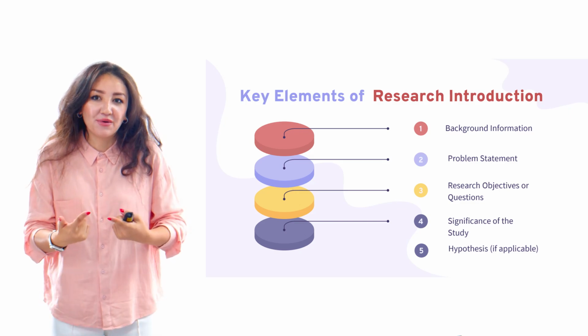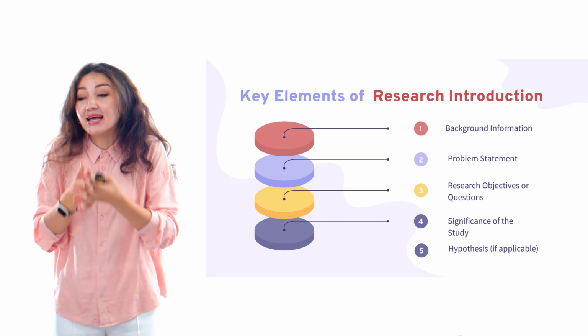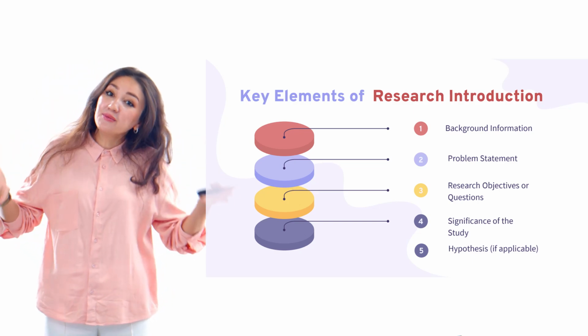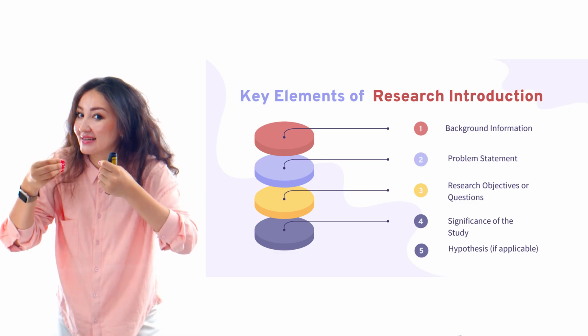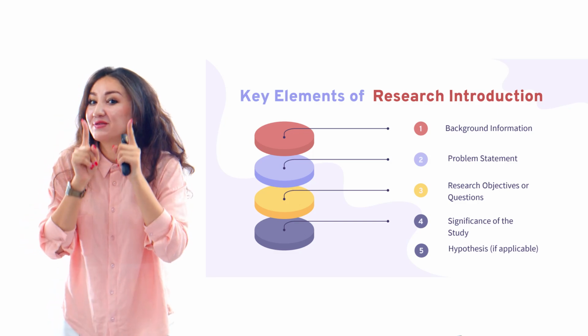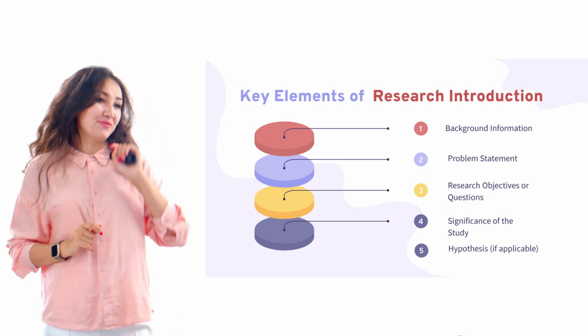I'm giving an example. So you need to give the certain problems that are happening in economics, in the field of social science, that most of the people, the society, the government are facing, that need to be addressed. Please, dear students, remember, the problem urges you to do research. That's why you need to mention one potential clear problem.